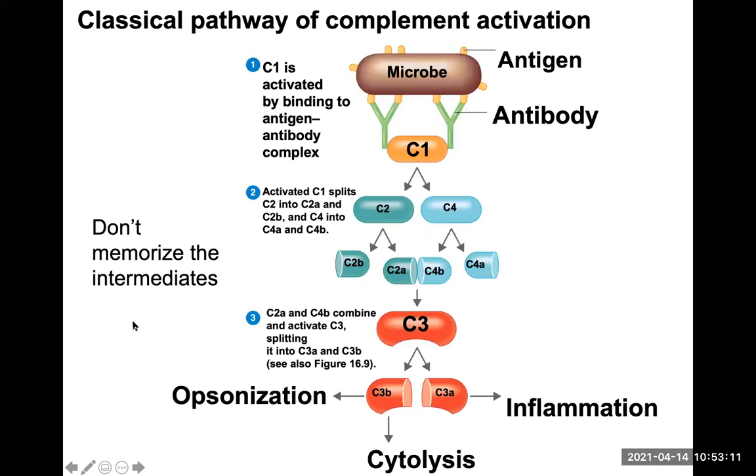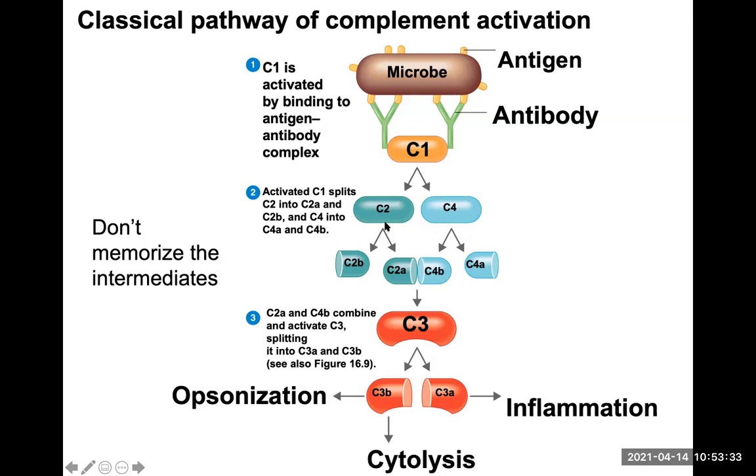So this is the classical pathway, which involves the adaptive immune system, because now we have antibodies. When you have two antibodies side by side, they can bind the C1 complement protein, which is always circulating in the body, and lead to the production of C2 and C4.